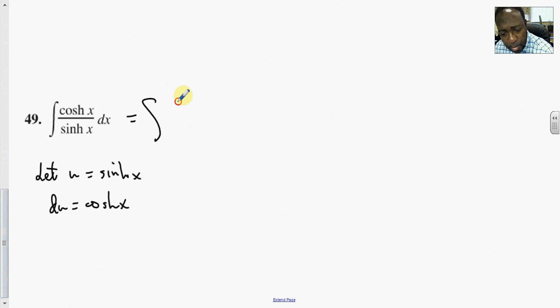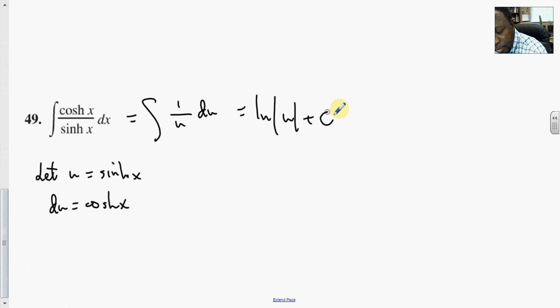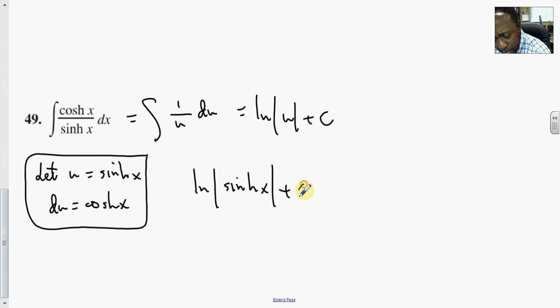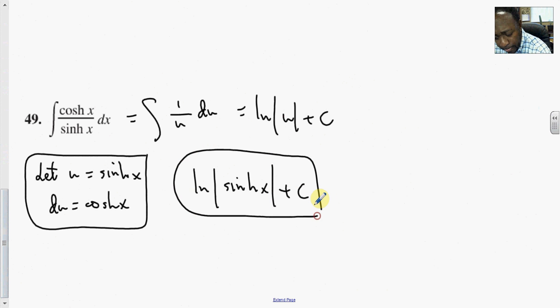This is the integral of 1 over u times du, which is the natural log of the absolute value of u plus c. So this is the natural log of the absolute value here of u, and that's hyperbolic sine x plus c.